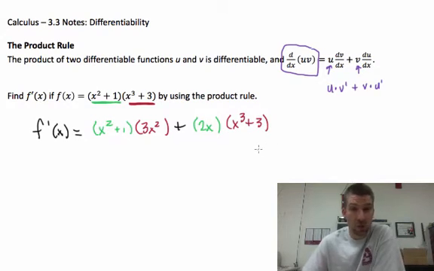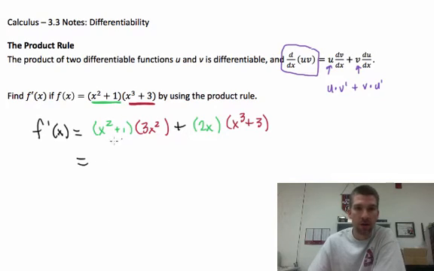Now, don't leave it this way. You're not quite done yet. And if you are taking a quiz or a test and this is where you stop, you've done most of the work. But this is actually a problem we can organize a little bit better, simplify down, and just make prettier. So go ahead and distribute in this first part here. That's going to give us 3x to the fourth plus 3x squared plus, and then go ahead and distribute on the back end here, 2x to the fourth plus 6x.